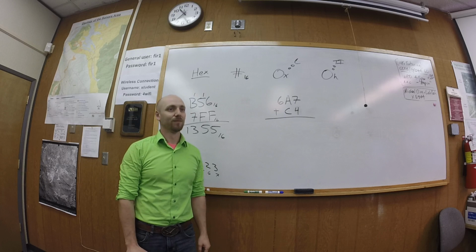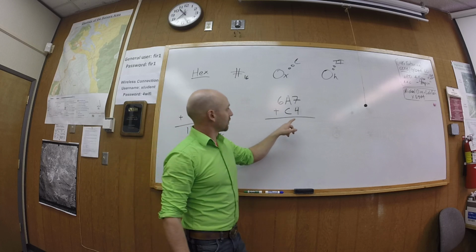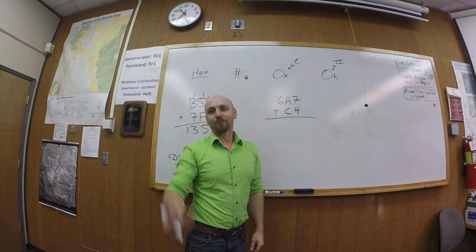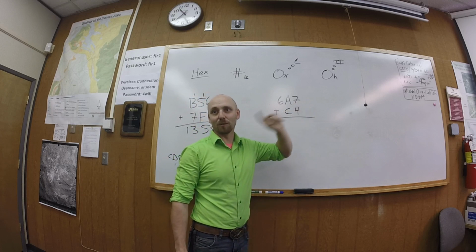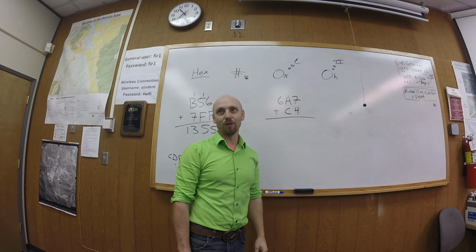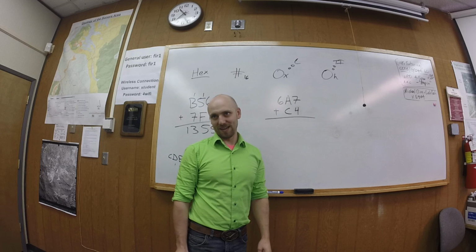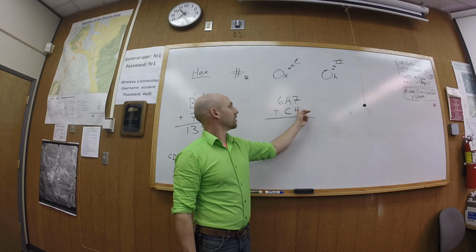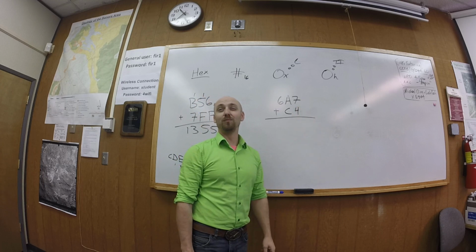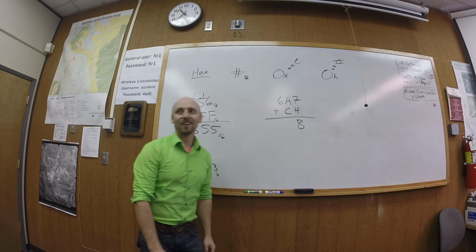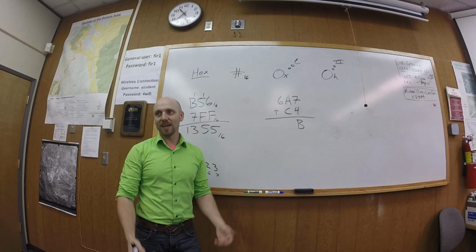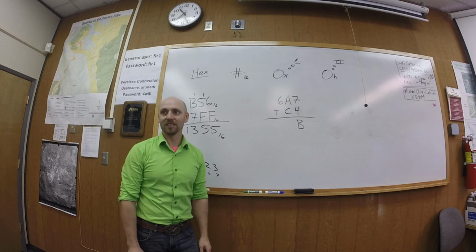The way I constructed this example was I thought, I need two numbers that add to more than 9, but don't go over 15. So 7 plus 4 is B, which if you worked in hex a lot, you would know. You would just make these tables a part of your existence.